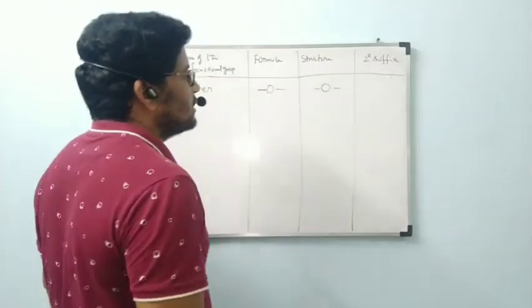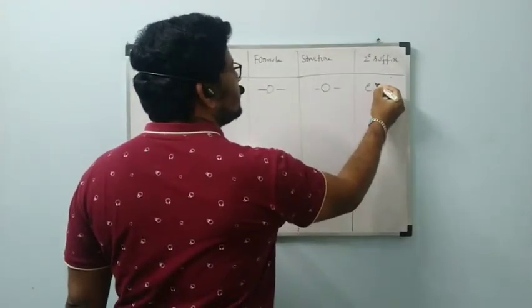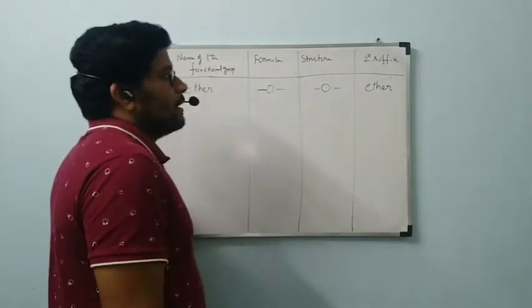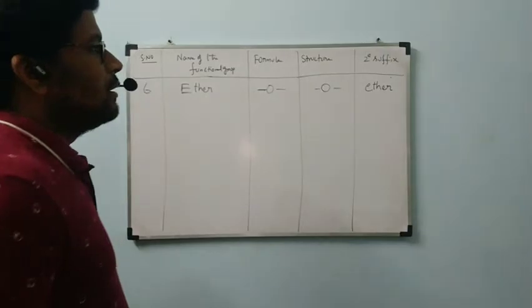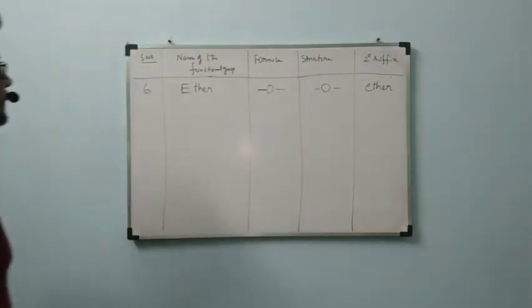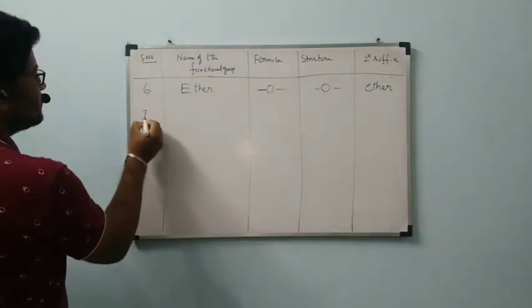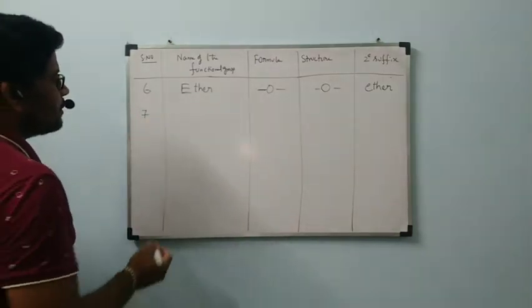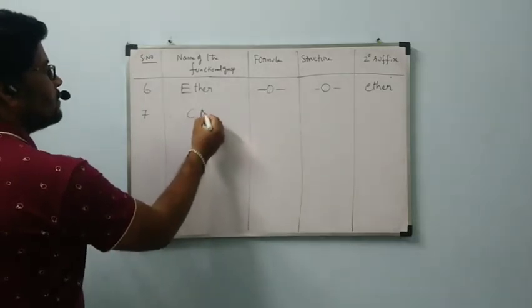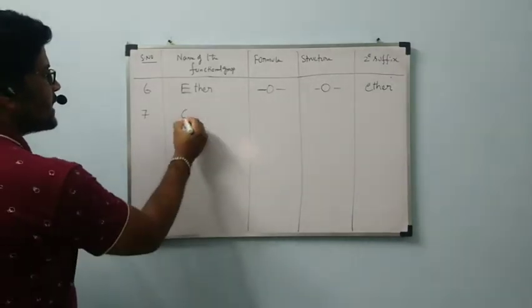Okay, next. Secondary suffix: ether only. Next, seventh one. Name of this functional group: cyanide.